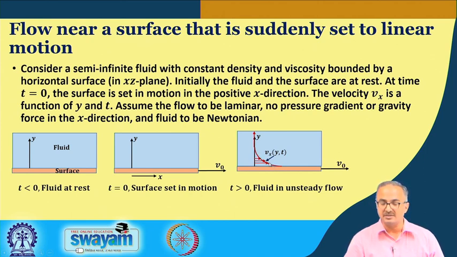The fluid is also going to move in the same x direction, but the magnitude of the velocity will keep on changing as we move away from the surface. You can see the magnitude is 0 at the surface and it keeps increasing as we move away, and ultimately it becomes a constant value. That means it attains the free stream velocity of the fluid away from the surface.